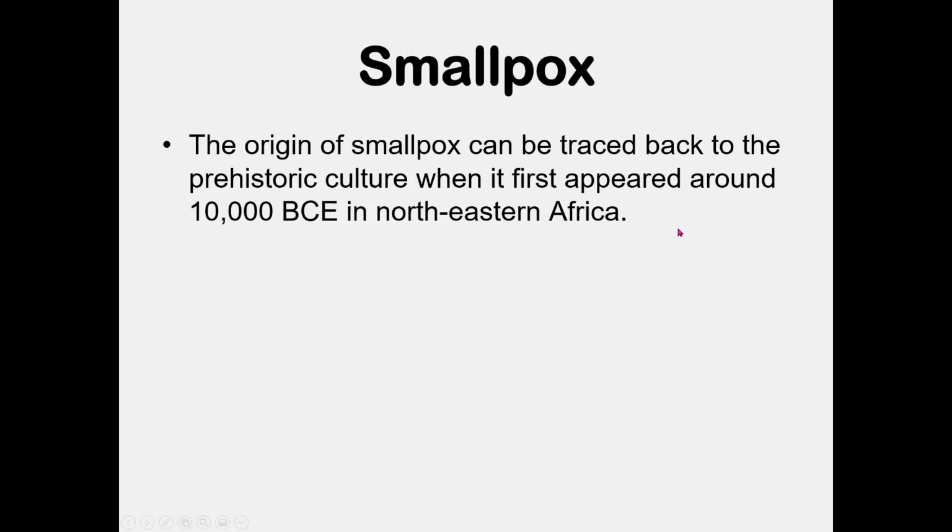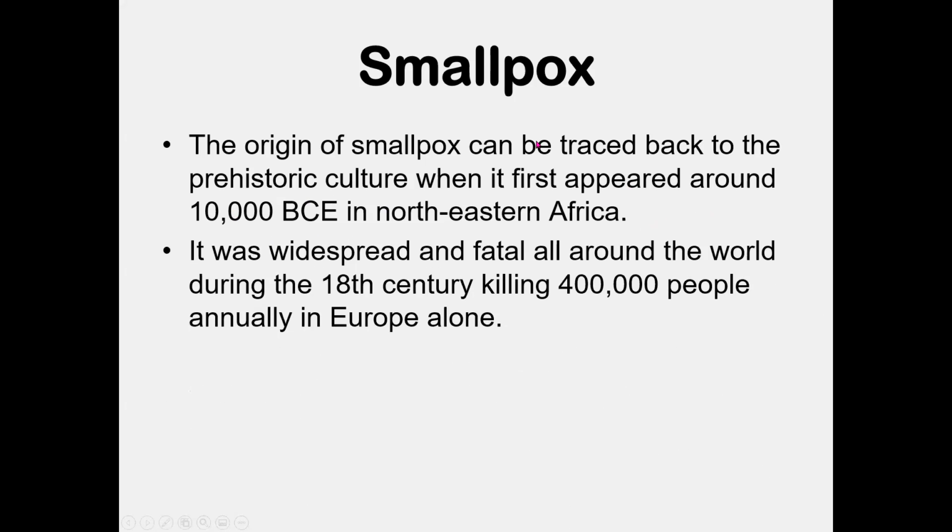And it's thought that it first appeared about 10,000 BC in northeastern Africa. So through prehistoric times, there weren't documents, but stories or just the culture from the time. In the 18th century, it probably killed about 400,000 people each year. And it's exceptionally contagious.